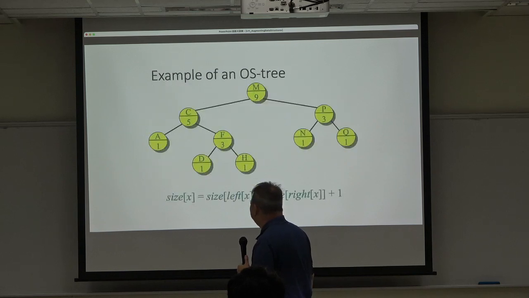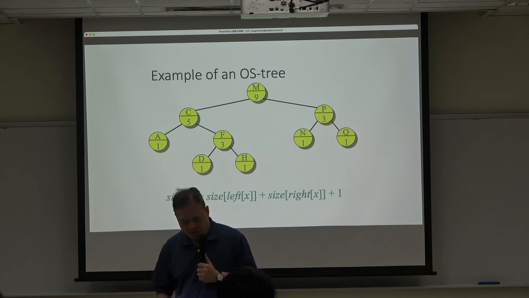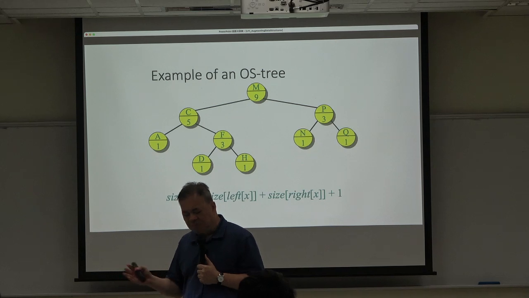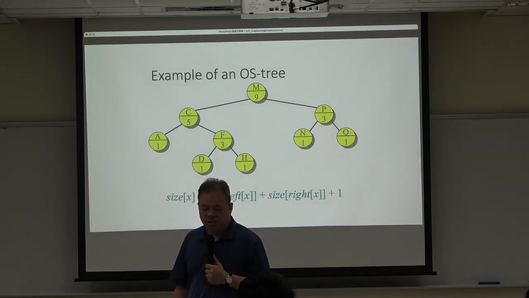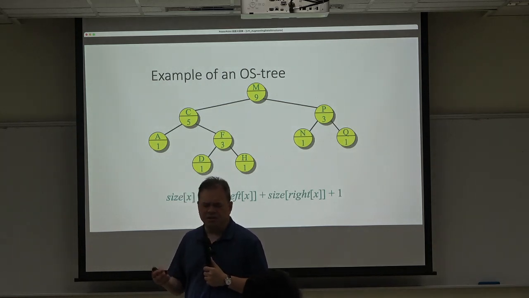Let me give you an example. Of course, I'm using the alphabet: A, C, D, F, H, M, N, P, Q. It complies with the order of the alphabet, but we just intentionally use these letters to avoid confusion.